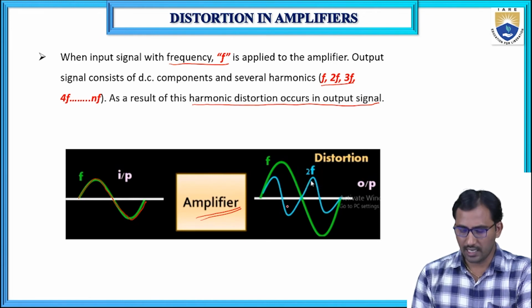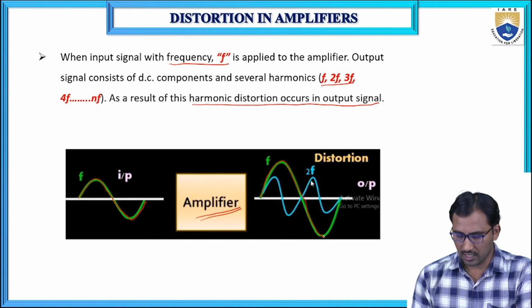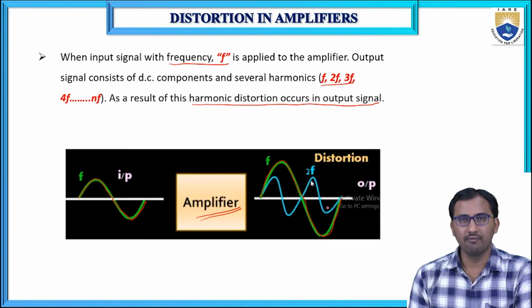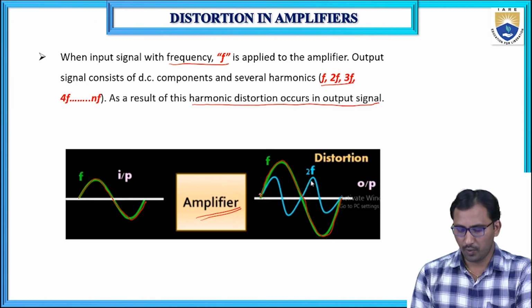But at the output side, you can see here this green color is called the fundamental frequency. The alternating signal has a single frequency, that is the fundamental frequency. But along with the fundamental frequency, some other harmonics are generated, that means output signals with different frequencies.